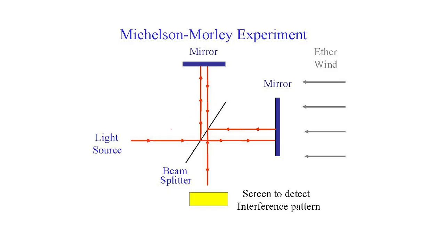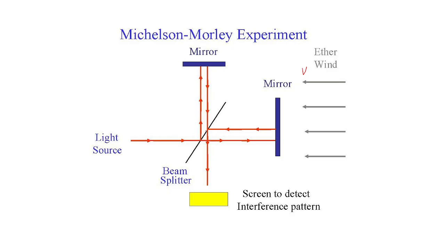Now this apparatus is placed on the surface of the earth, and the earth is moving with velocity v, which is 30 km per second. So this apparatus is actually moving in the ether. If there is ether on the surface of the earth, then this apparatus is in fact moving in the ether with velocity v, which is the velocity of the earth.